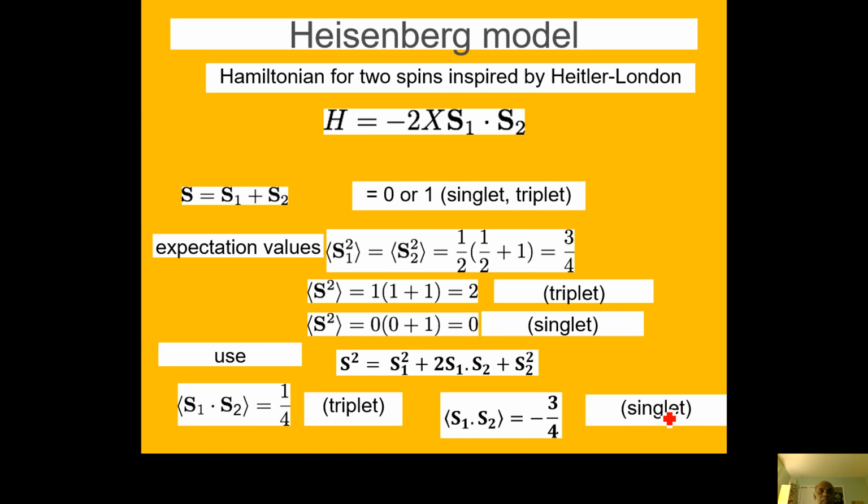But if you take the singlet state, then your S squared is 0. Then minus S1 squared, 3 over 4, minus 3 over 4, and you divide by 2, then you get minus 3 over 4. That's how you calculate this cross term, S1 dot S2, from this equation.